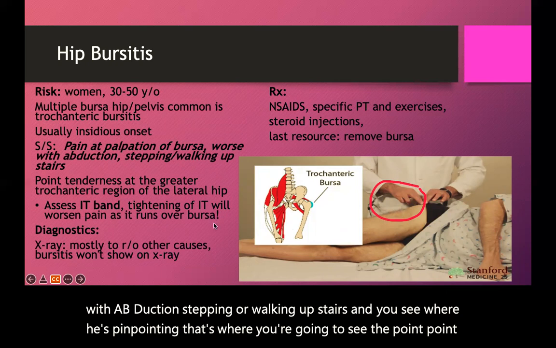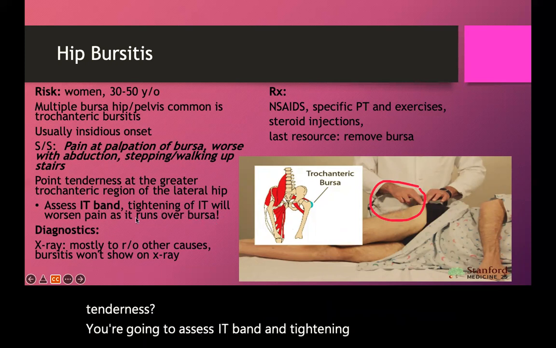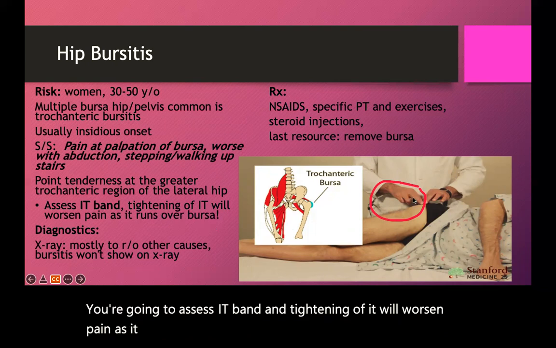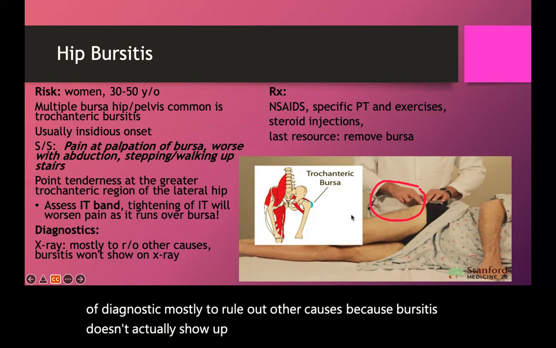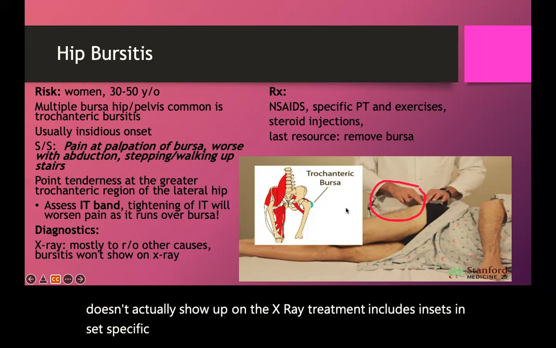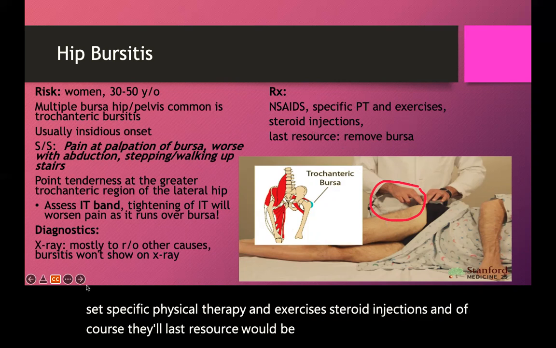You're going to assess the IT band, and tightening of the IT band will worsen pain as it runs over that bursa area. X-ray is usually done mostly to rule out other causes because bursitis doesn't actually show up on the X-ray. Treatment includes NSAIDs, specific physical therapy and exercises, steroid injections, and of course the last resort would be to remove the bursa.